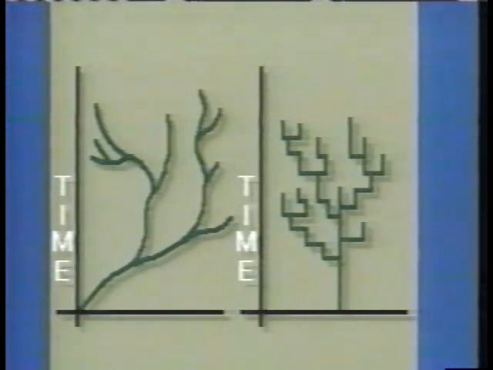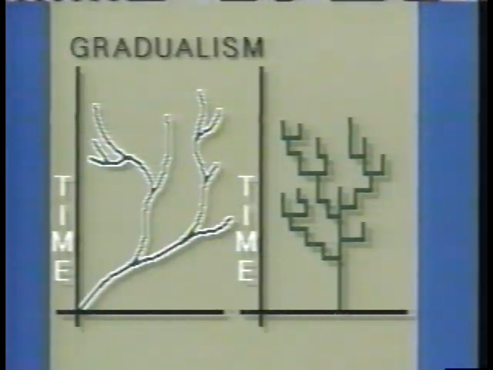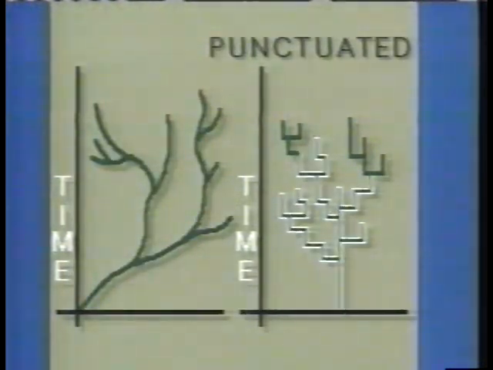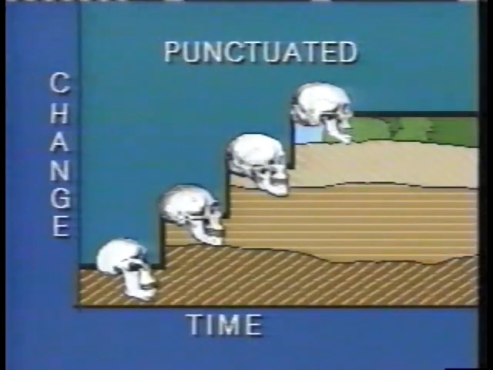Here is a comparison of the two patterns, gradualism and punctuated equilibrium. The one is smooth, the other shows leaps and bounds. Now squint. Their branching patterns look much alike.